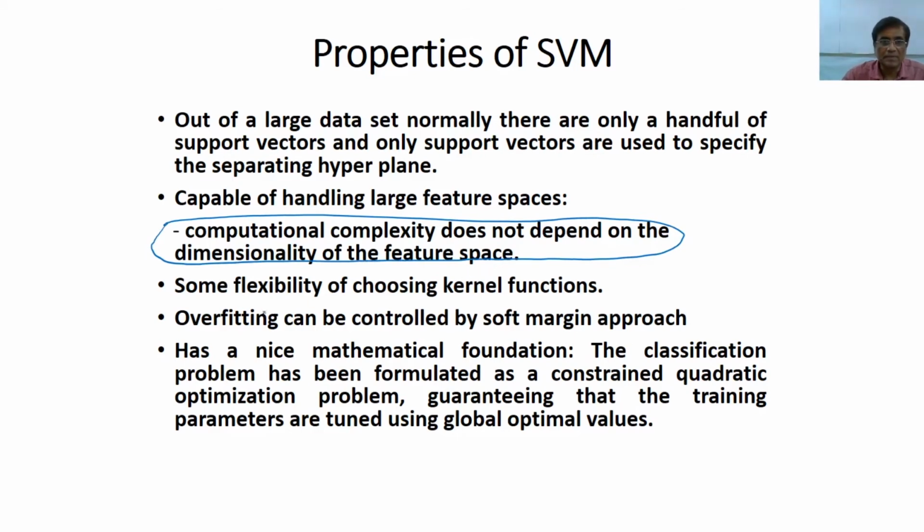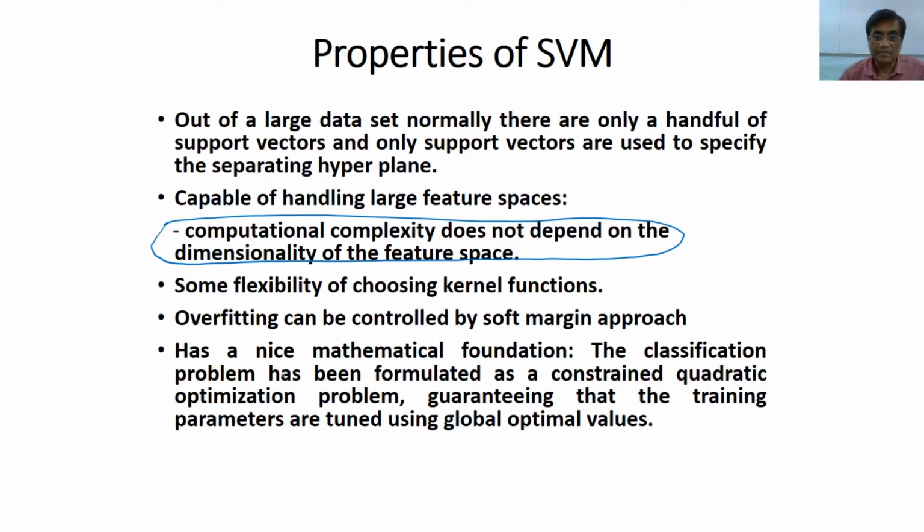There is also flexibility in choosing the kernel function. You can choose from many standard kernels: Gaussian kernel, radial basis function kernel, polynomial kernel, all kinds of kernel functions. Also, using the soft margin approach you can check overfitting, and above all it has a nice mathematical foundation.